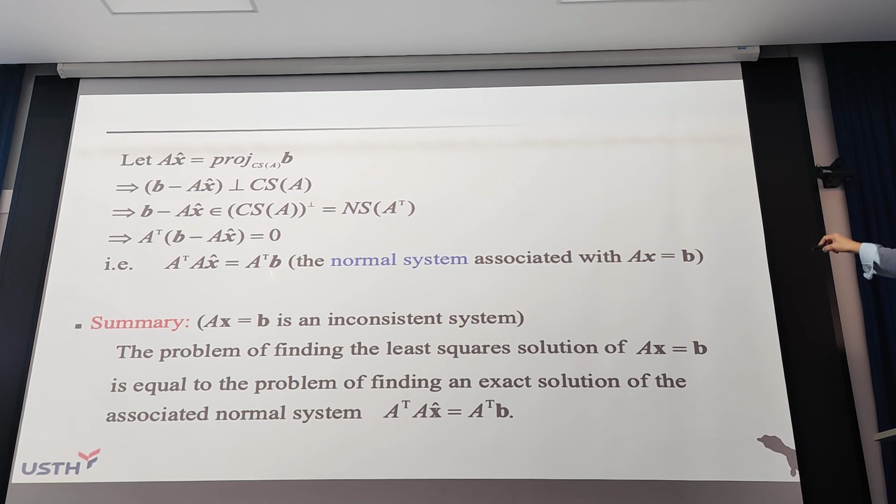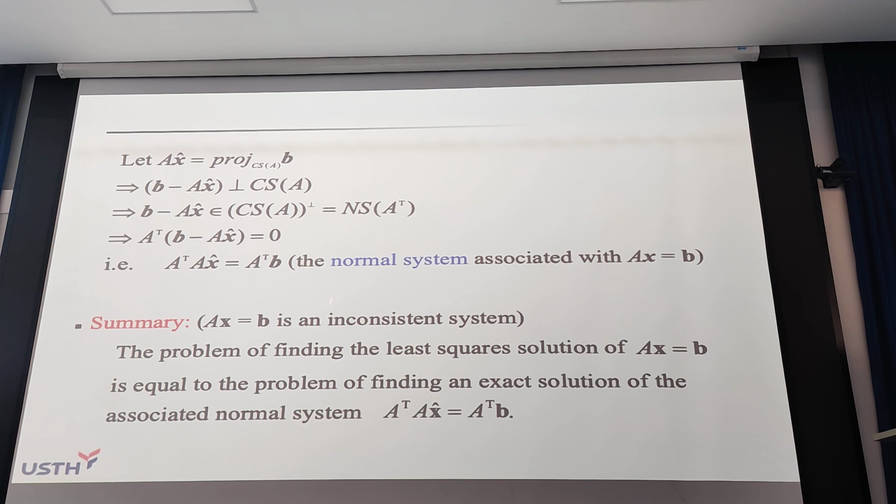We know A already, we know b already, so A transpose b we know already. On the left, A and A transpose we know already. So if we choose x hat like that, then x hat must satisfy the system of linear equations like that, and it is named the normal system associated with Ax equals b.